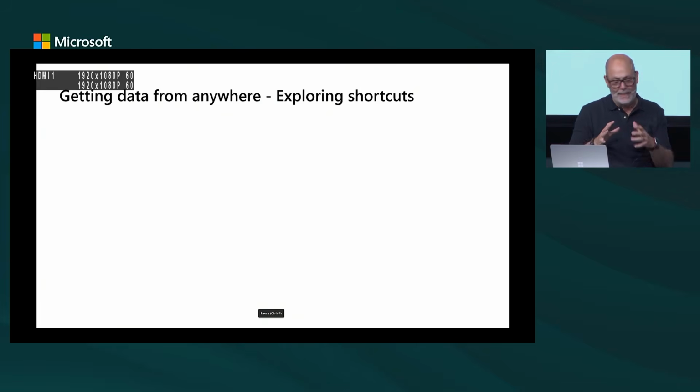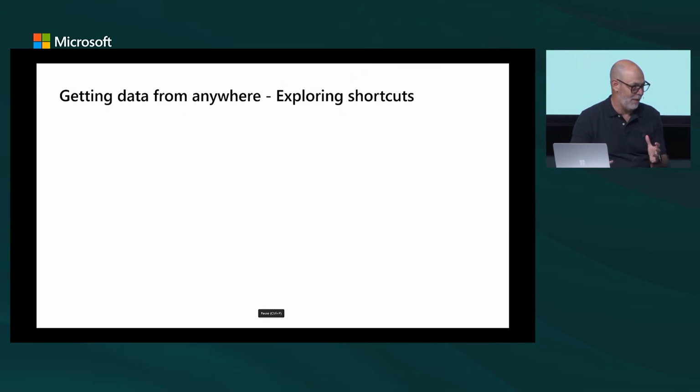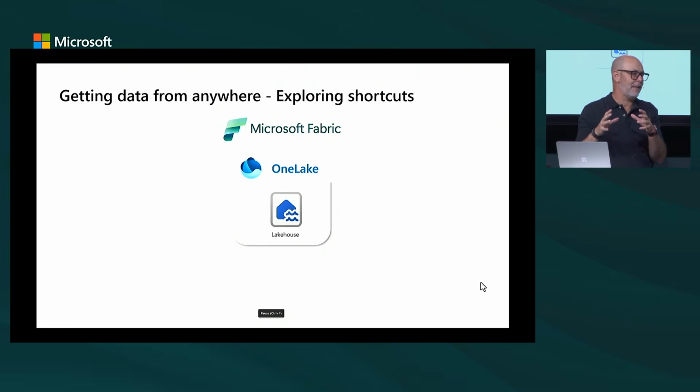So the idea today is basically to get data from anywhere. For the demo, as I briefly mentioned before, we're going to have a Fabric capacity, actually the trial one. We're going to create an empty lakehouse right from the start, and we're going to reference two external sources.